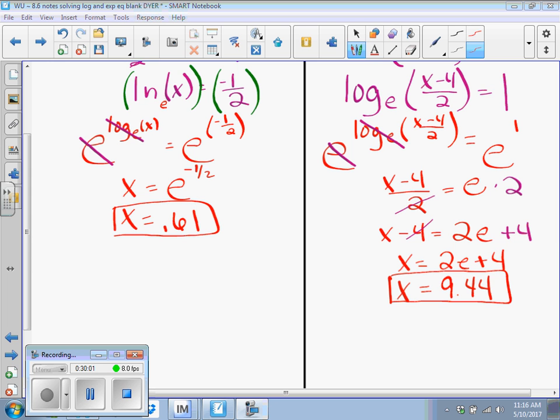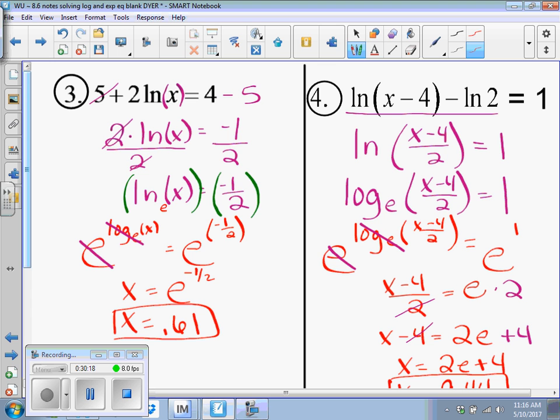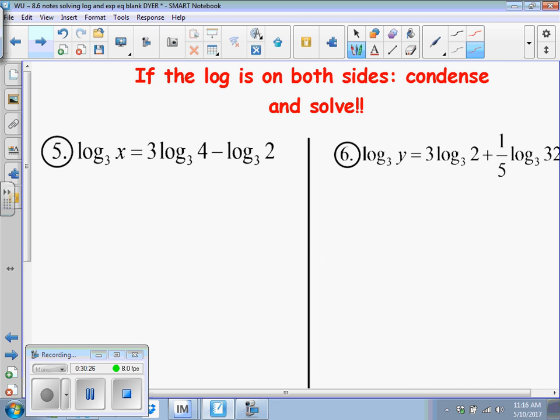So as long as you have a single log equal to a single log, when you raise them up, those logs will end up canceling. Okay? But you have to have a single log equal to a single log. So if you have more than one log on one side of the equation, you have to condense that before you can do anything else. And that's what the next problem looks like. Number 5.